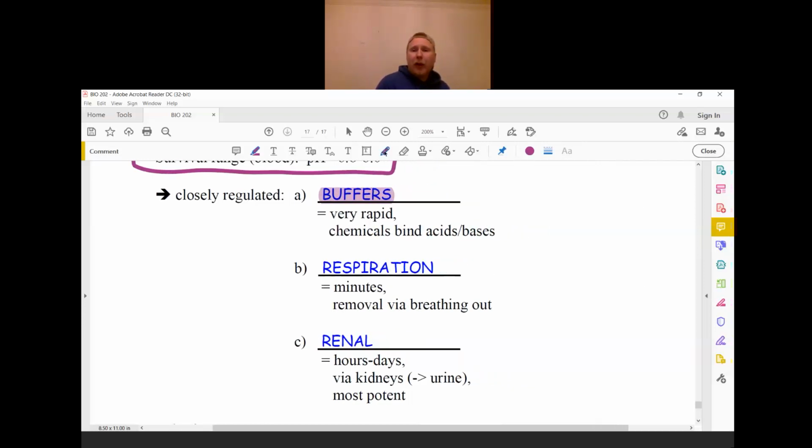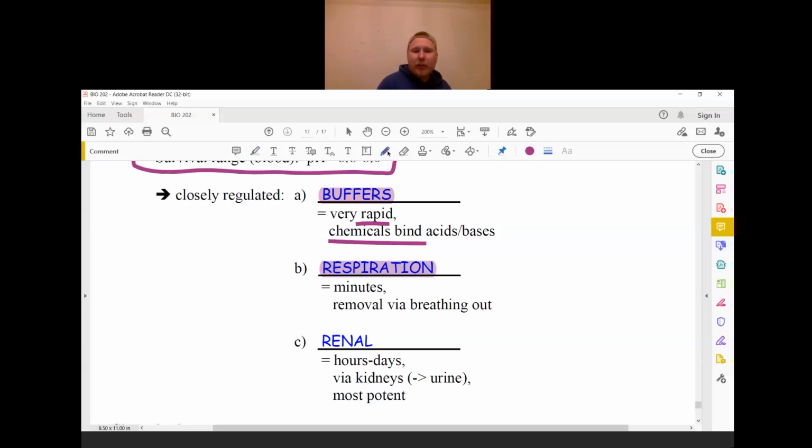So first of all, we have certain chemicals that bind either to acids or bases, and in this way neutralize them. This is a very fast way of dealing with potential, threatening changes in the body pH. That's our buffers.